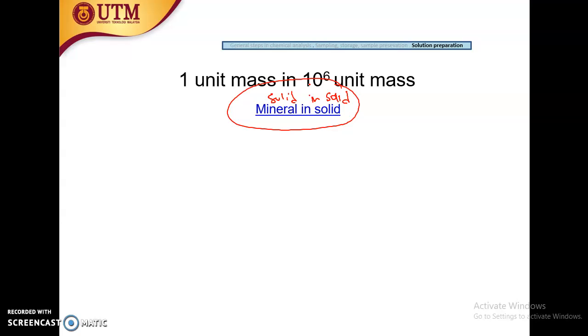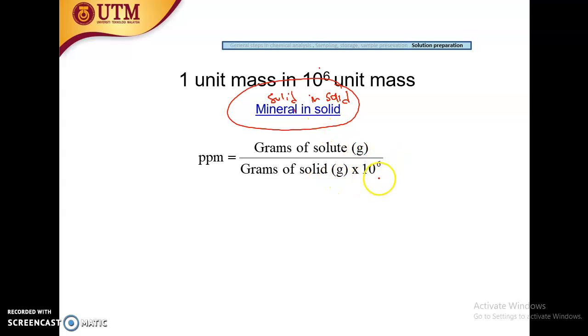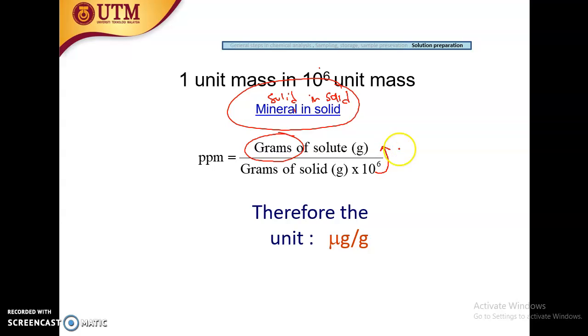Later we will go on that, but I will show you if you have solid in solid. ppm means that there's 1 unit of mass in a million matrix, so gram of solute over 1 million gram. But in chemical analysis, we don't usually work with grams. We usually work with milligram. You can take this 0.6 and bring it up, and then you can get 10 to the negative 6.